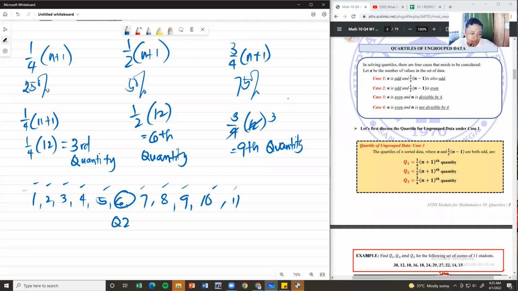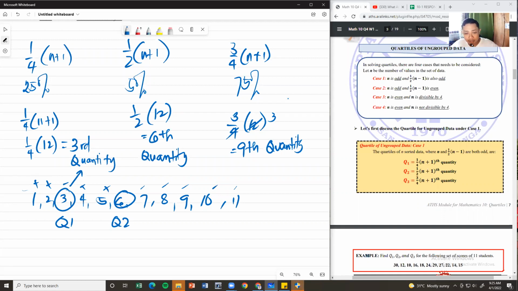The sixth quantity: 1, 2, 3, 4, 5, 6. And for the third quantity, a while ago, what we did was counting side by side: 1, 1, 2, 2, and the middle is our quartile 1, which is also the same with the formula. The third quantity.